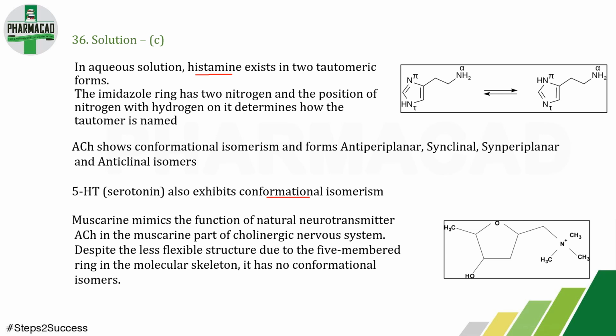Here you can see we have 3 methyl groups attached to a nitrogen, making it a quaternary structure. Muscarine mimics the function of natural neurotransmitter in the muscarinic part of the cholinergic nervous system, and due to the less flexible structure caused by the 5-membered ring in the molecular skeleton, it has no conformational isomers. So option C, muscarine, does not possess any conformational isomerism.